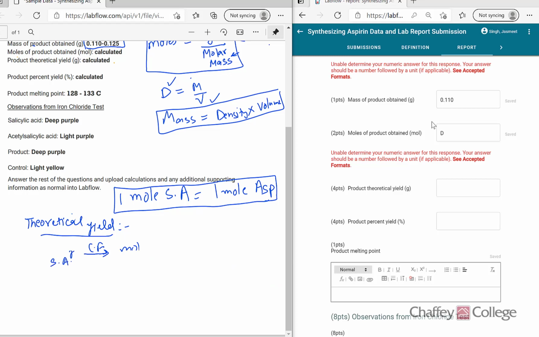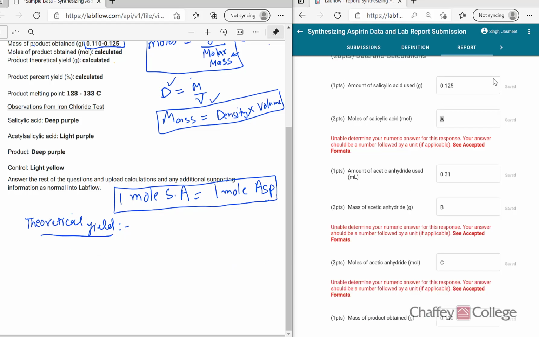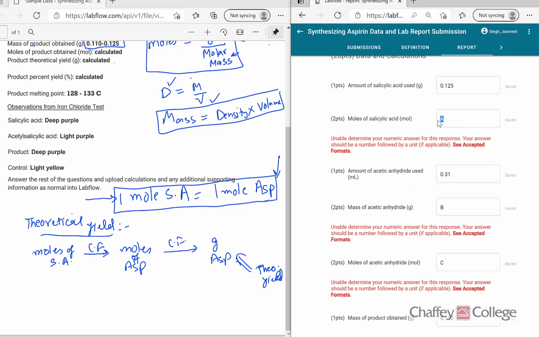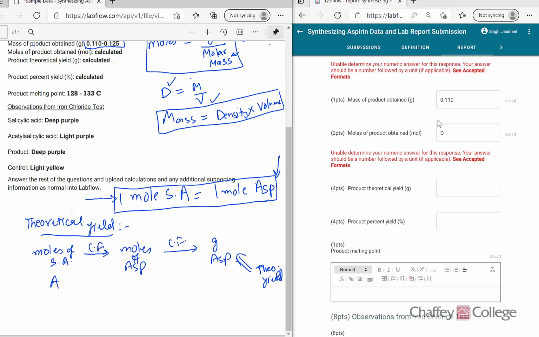So the moles of salicylic acid we started with is this number here. So I will say A moles multiplied by. The conversion factor between salicylic acid and aspirin is going to come from this relationship.